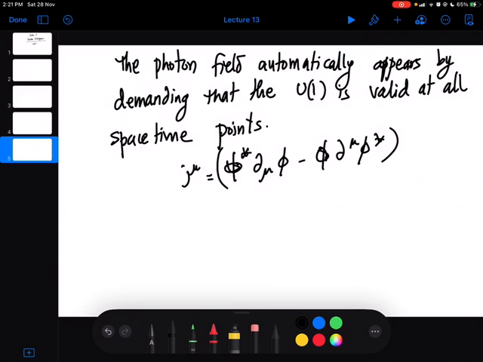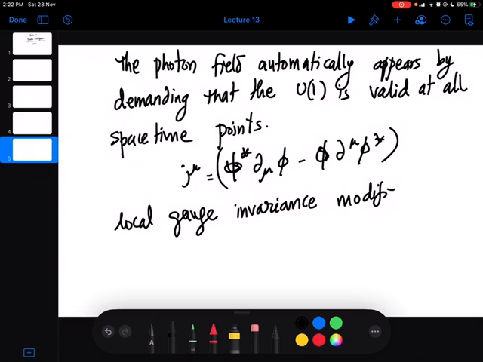Now this current would also get modified in the presence of the gauge field. I wrote the current as though it is independent of that. Under gauge invariance, this current is modified because local gauge invariance modifies this current.